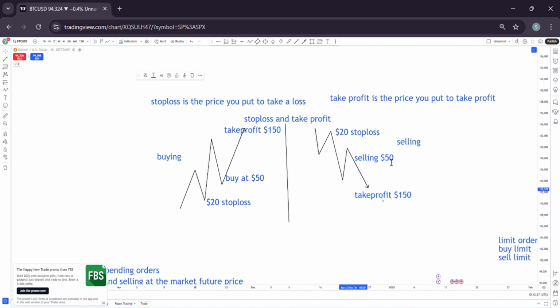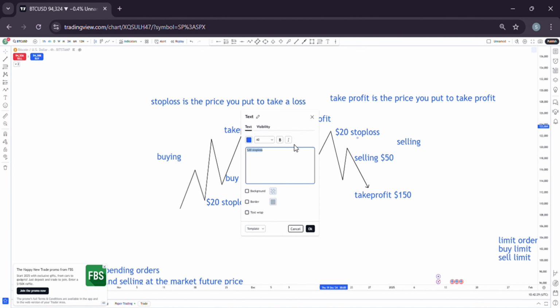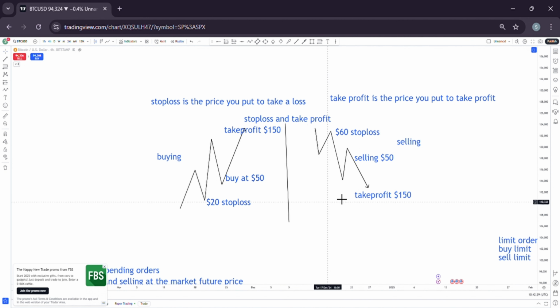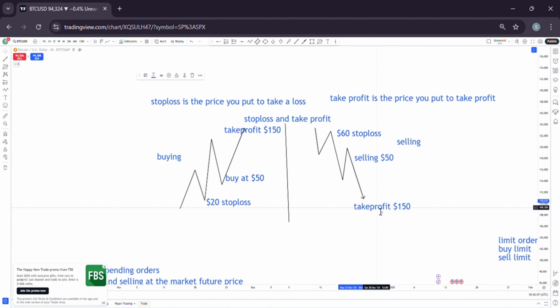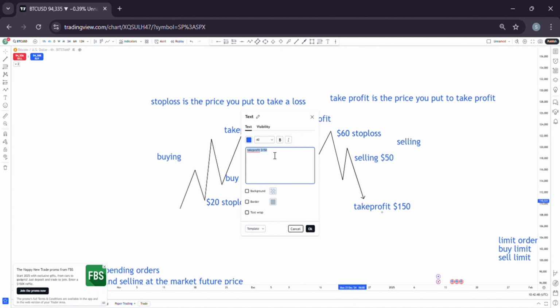So we can change the price, maybe when the market goes up to 60, we want to take our loss when it gets to 60. And when price goes down to something like 30, we want to take our profit in this scenario.